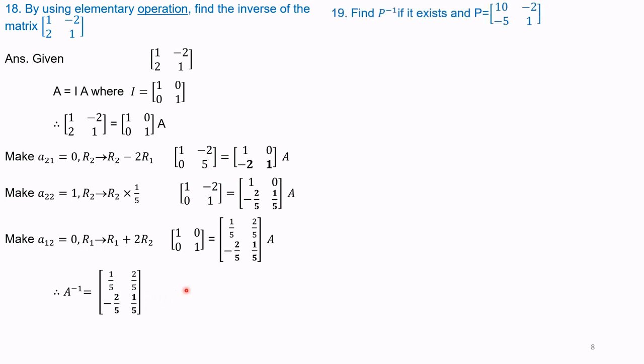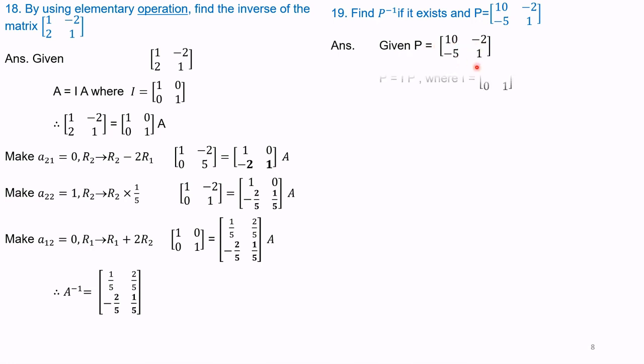Next question. Find P to the power of minus 1, that is P inverse, if it exists. P is given by [10 -2; -5 1].